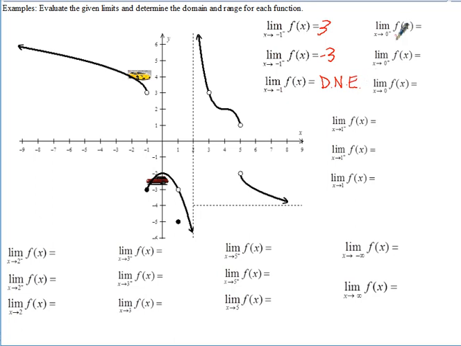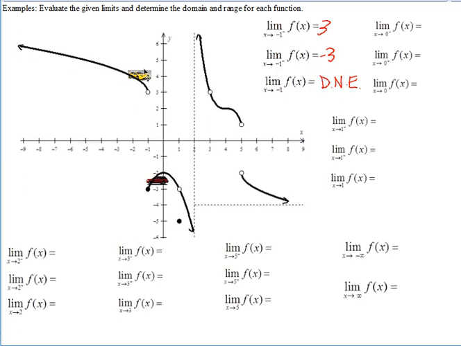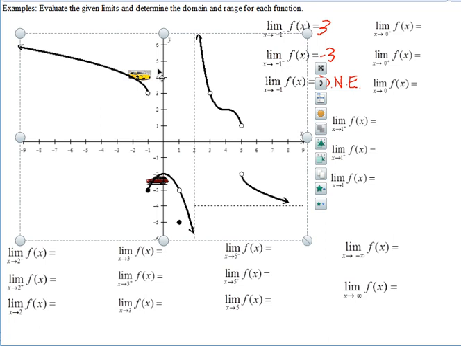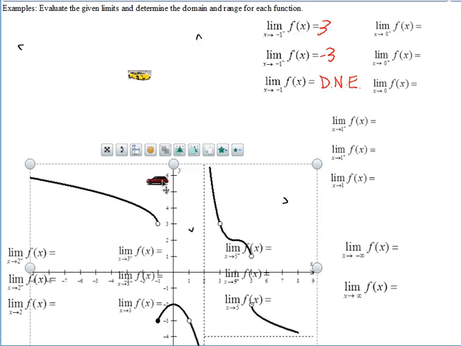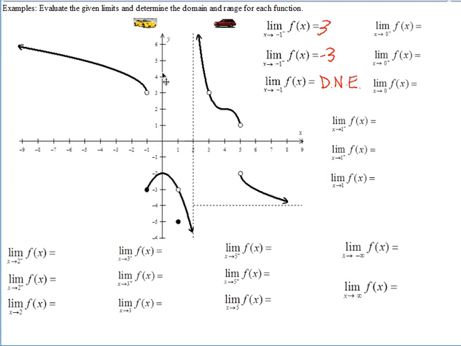Now let's take a look as x is approaching 0. As x approaches 0 from the left, here's where x is 0, so from the left, you see it's approaching -2.